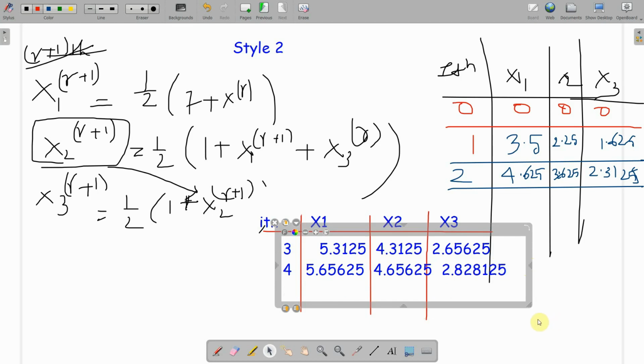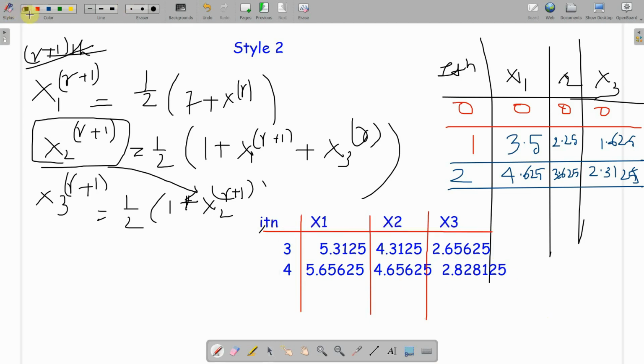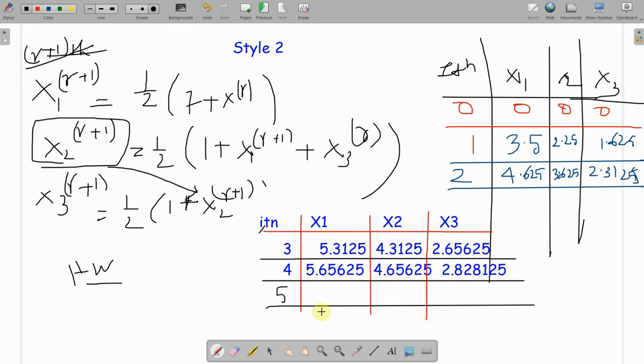Okay, and so on. So what would be your homework? Your homework would be to do this iteration up to 7, the 5th, 6th and 7th. So you have to do 3 steps more. Do it now in the classroom, then you will see the result.